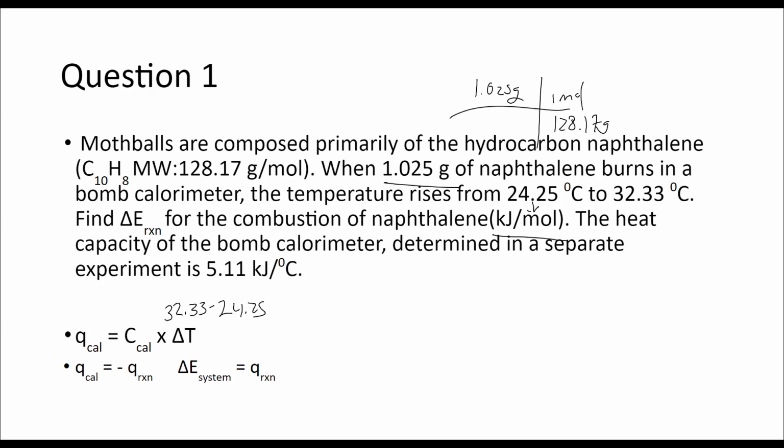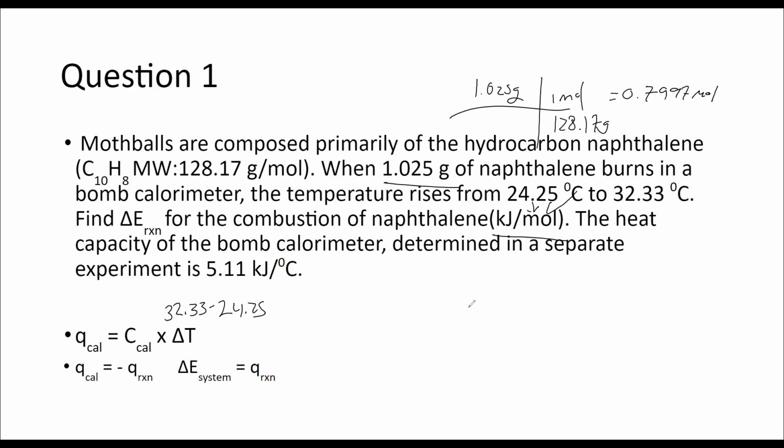So that's equal to 1.025 divided by 128.17, which is 0.007997. So we have 0.007997 moles. All right, so I want the answer in kilojoules per mole. I just found out how many moles I have. Neato. Now we've got to find kilojoules.